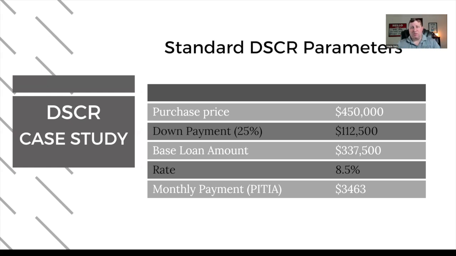In this example, the loan amount is going to be $337,500. The interest rate is, again, hypothetical. Don't take this as gospel, because rates change every day and would absolutely be different based on your circumstances, the property, and timing. That makes the PITIA $3,463. That stands for Principal, Interest, Taxes, Insurance, and Association dues.